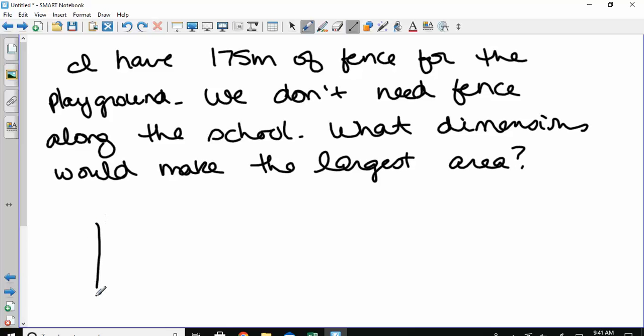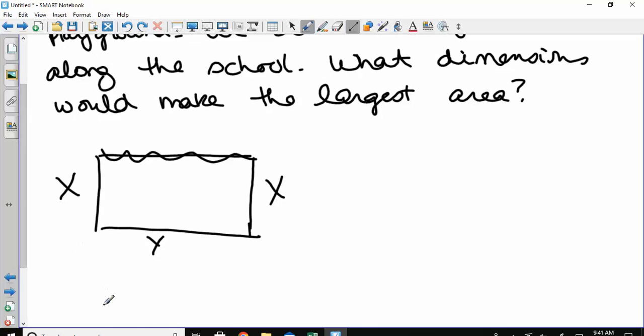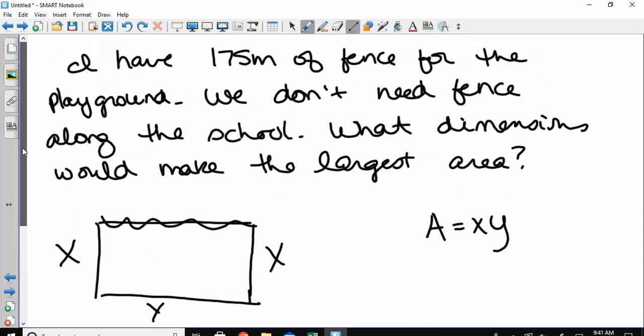What should we do here? Draw a picture. We have a rectangle. We're not going to put fence along the school, so one of these sides I don't need any fence on. These would be the same, this would be different. If I want the largest area, I'm trying to maximize my area. Area is length times width. But we can't do the derivative when I have two variables in here.